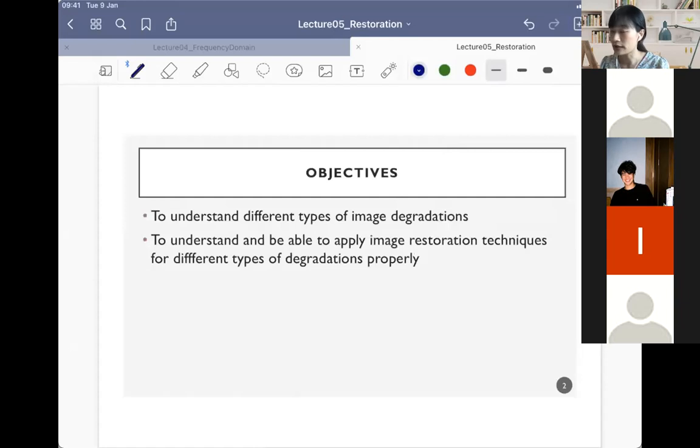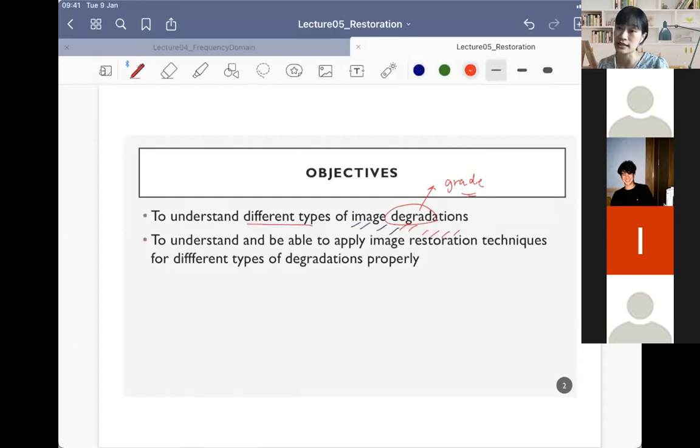For this chapter, I want you to know about many different types of image degradation. Degradation is sort of when the grade of the image has been decreased by some reasons.